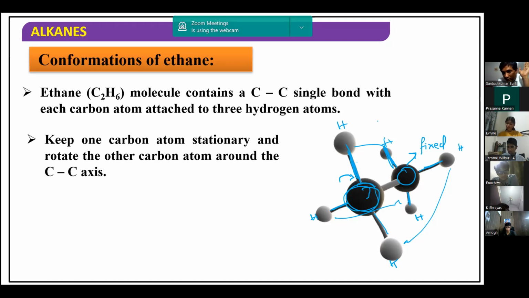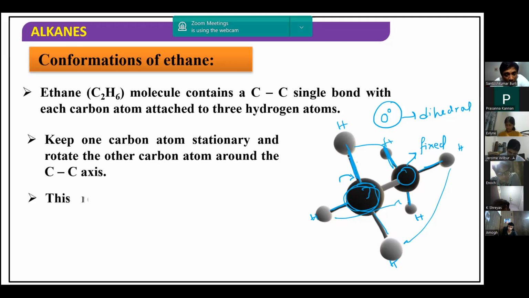When they are at their nearest possible approach, the dihedral angle is taken as 0 degrees. When I start rotating by fixing one carbon atom and rotating the other carbon through small angles, the dihedral angle goes on changing. So each dihedral angle will give one conformation for you.